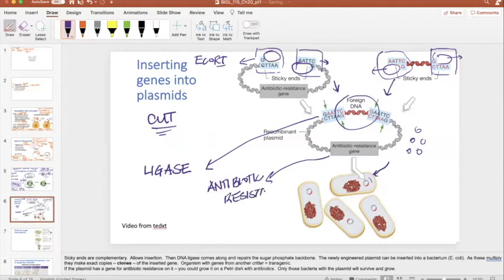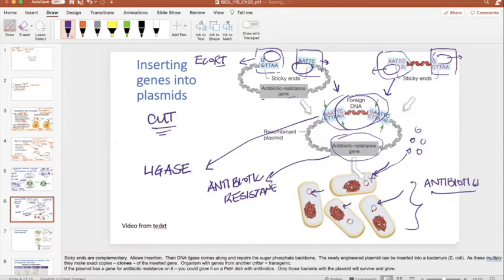So you may have noticed that these plasmids were all labeled with an antibiotic resistance gene. So we have this end up here that we've engineered, and we have this end down here with an antibiotic resistance gene. If we can slip these plasmids into some bacteria, and then we can grow them in a petri dish or in some bacterial broth that contains antibiotics, then only the bacteria that have the plasmid inserted will live, right?